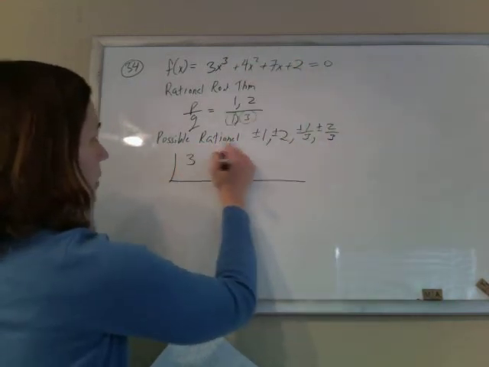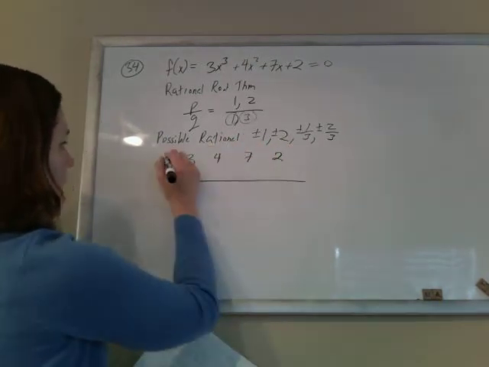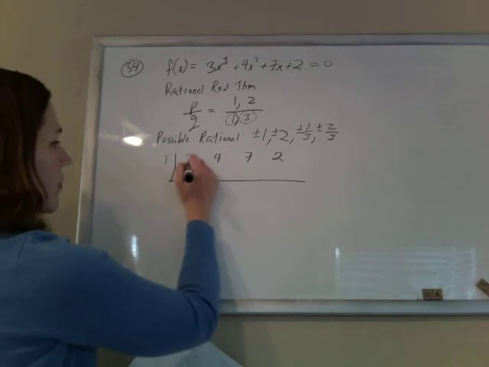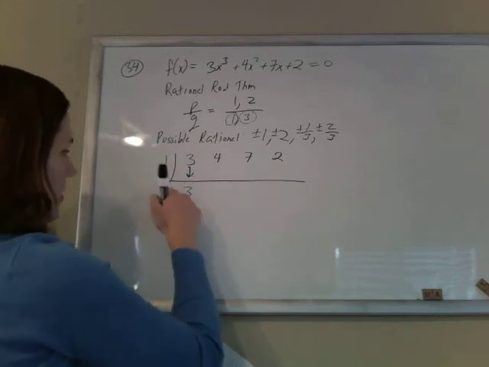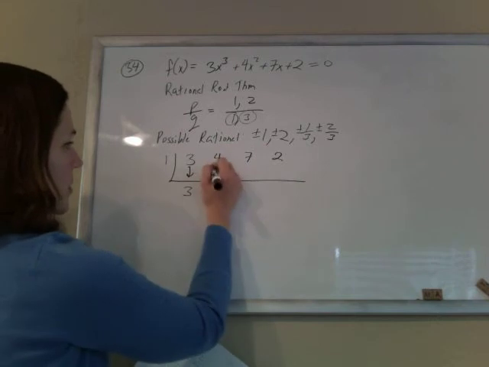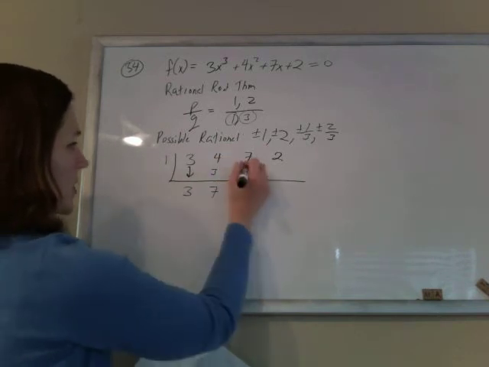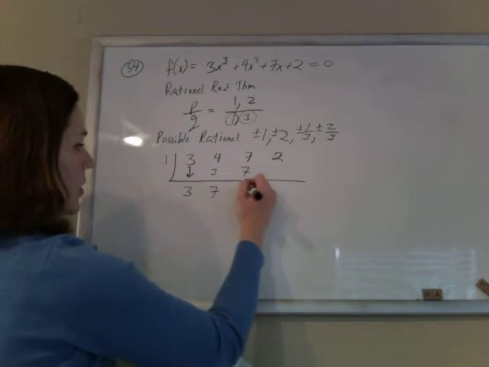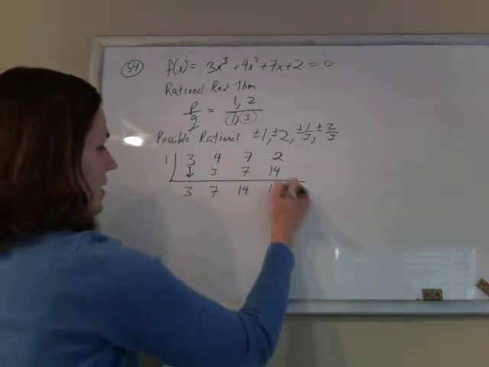So 3, 4, 7, 2. And I'm going to start by trying a 1. So I'm going to drop the 3 down and do my synthetic division. So this is 1 times 3 is 3, add 7. 1 times 7 is 7, add 14. 1 times 14 is 14, add 16.